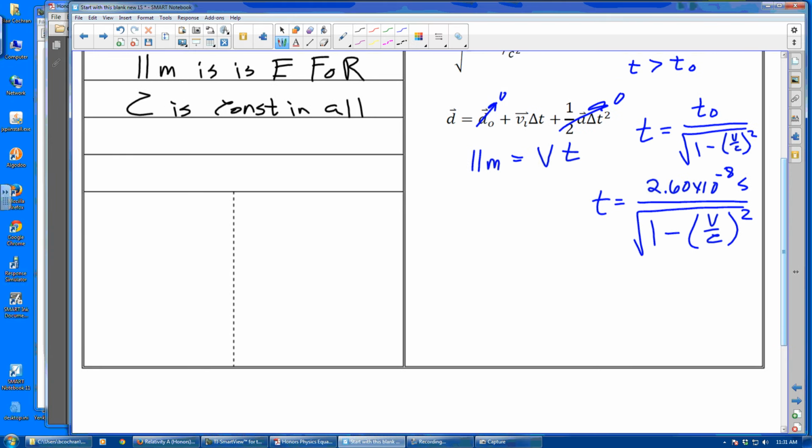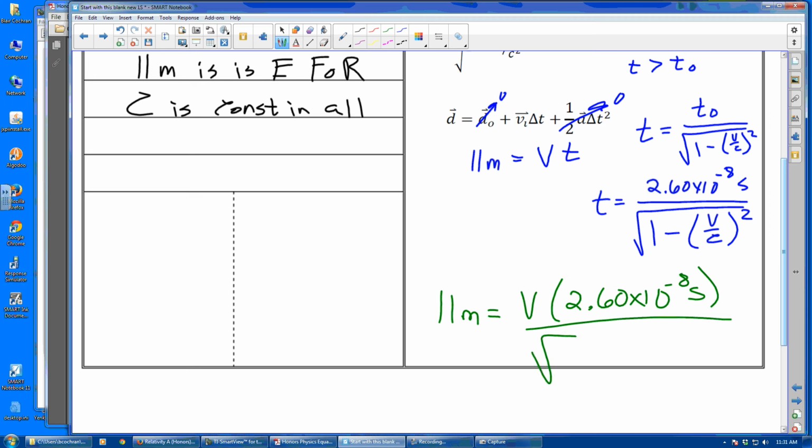So I'm going to end up with 11 meters equals V times 2.60 times 10 to the minus 8 seconds over square root of 1 minus V over C quantity squared. V is what I'm looking for. So I want to keep V.